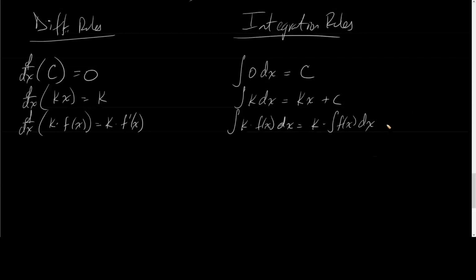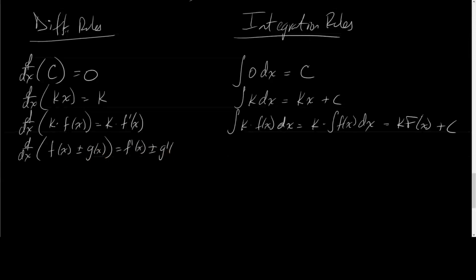I guess we can write this as k times capital F of x plus c, where capital F of x represents the antiderivative of lowercase f of x. We know the derivative of the sum and difference of two functions, we could just say that's f prime of x plus or minus g prime of x.